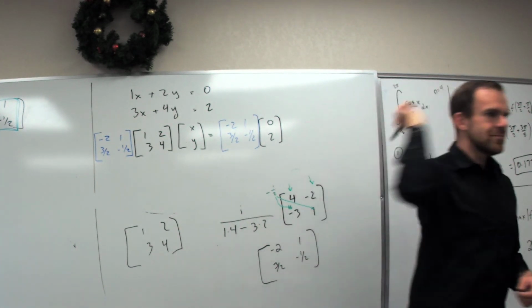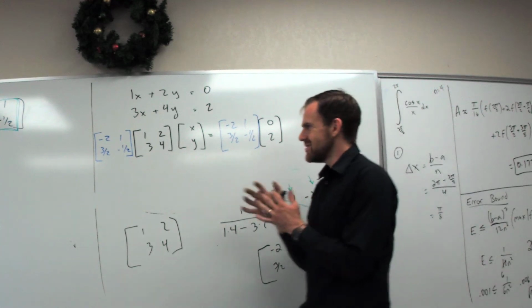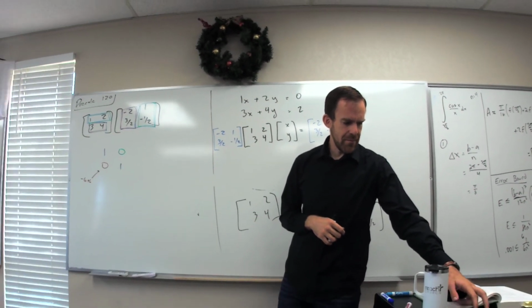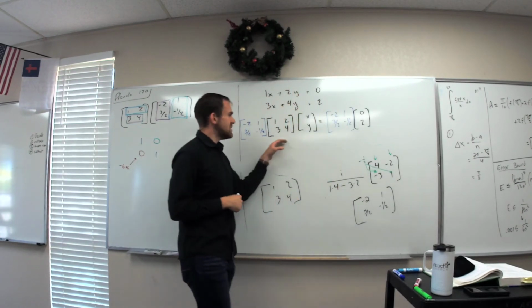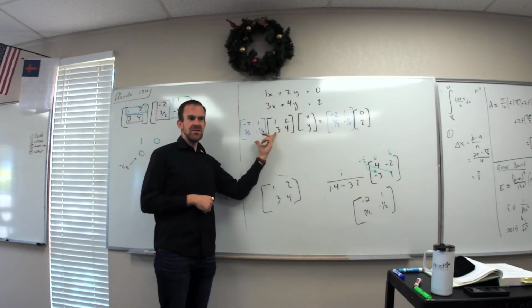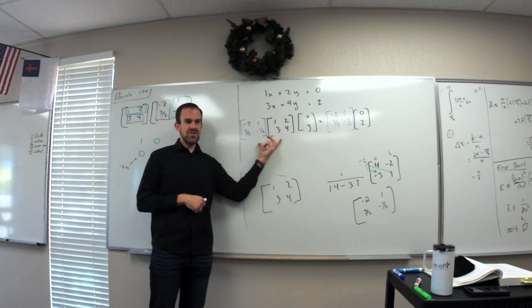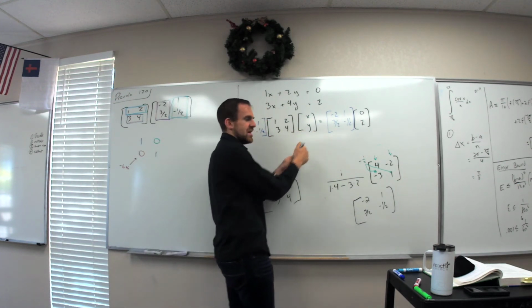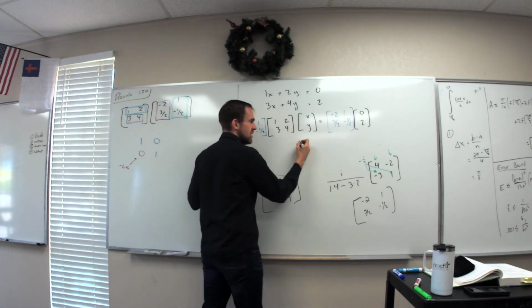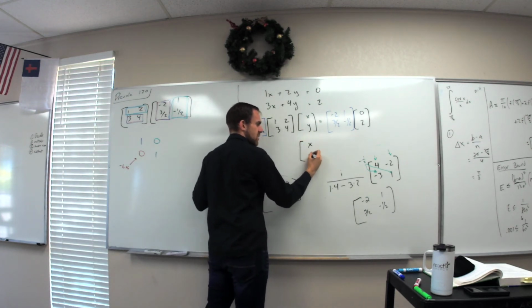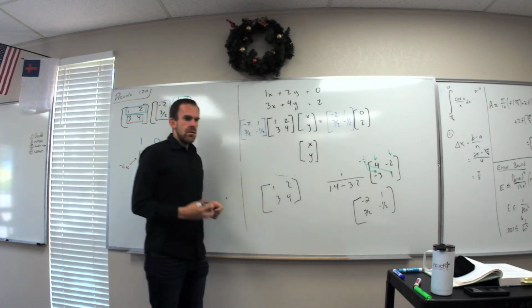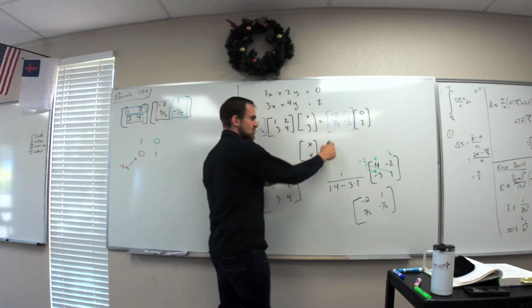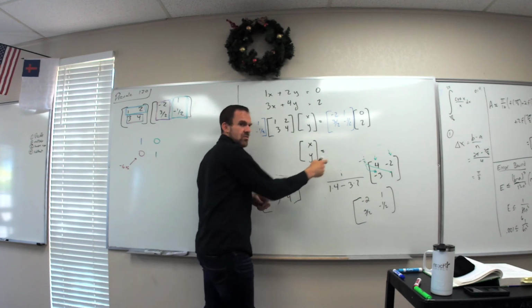Okay. Here's what happens. On this side, I've already shown that multiplying these 2 together gets you the identity matrix. The identity matrix times anything is just that something. So this whole left side is now just xy. So whatever this equals, x will equal the top thing, and y will equal the bottom thing.